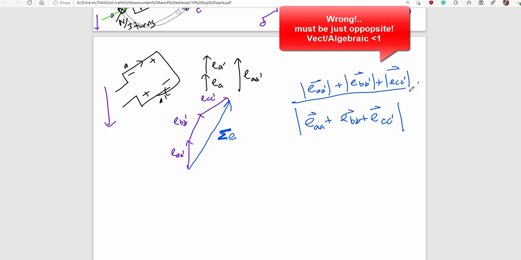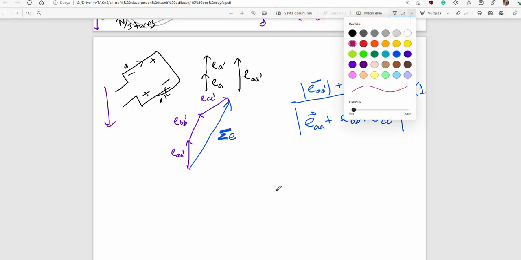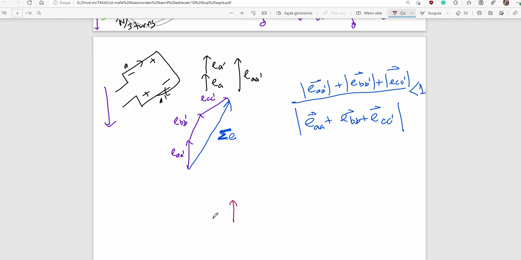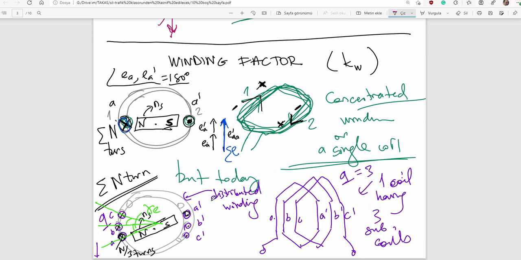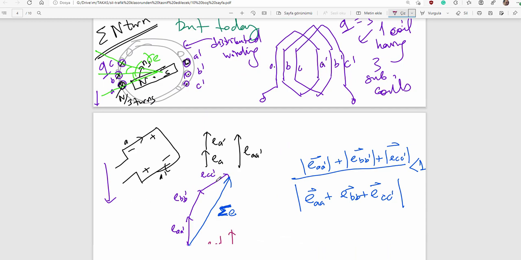And that is less than unity. Here you see, let me show you the algebraic summation: AA prime, ABB prime, and ACC prime. That is equivalent to, in fact, concentrated winding in one pair of slots.